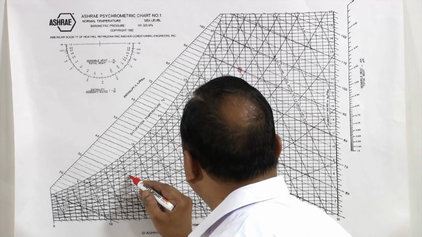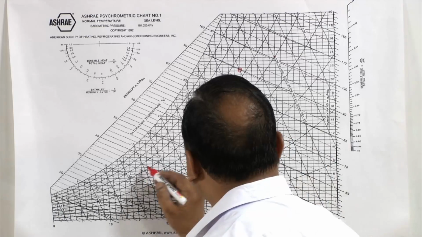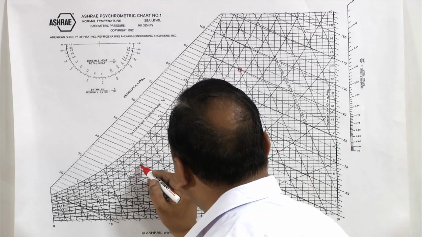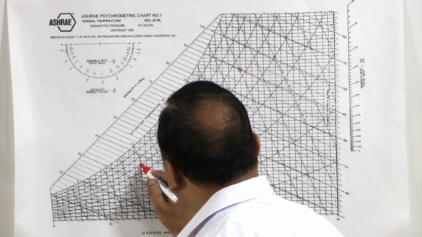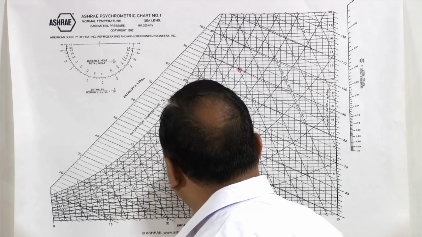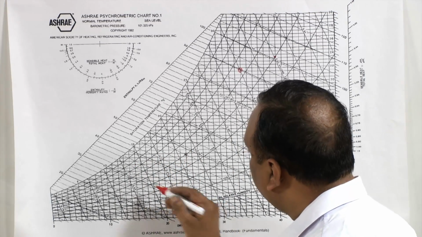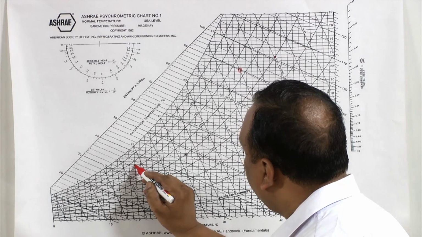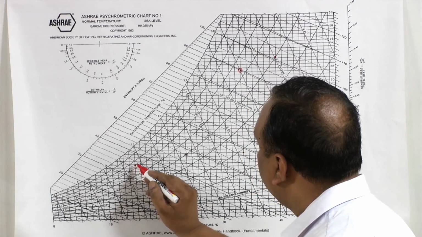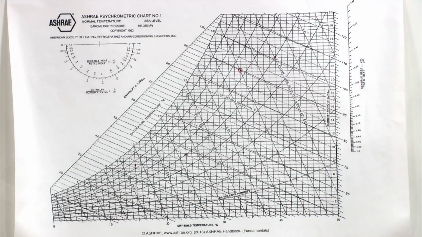So this sensible heat factor line, when it is extended, when it is cutting to this 15 degree centigrade, or maybe you may supply air to the room at 20 degree centigrade, that is the designer's choice. Where it is cutting, that will be the supply point to the room.